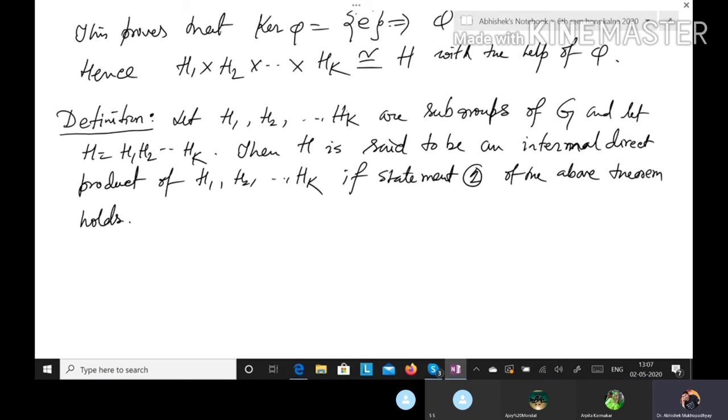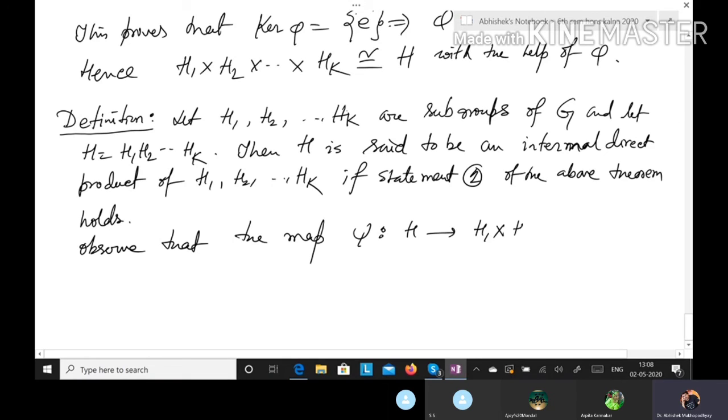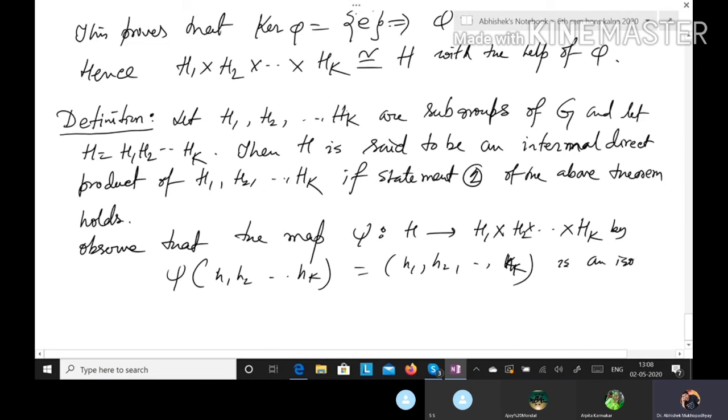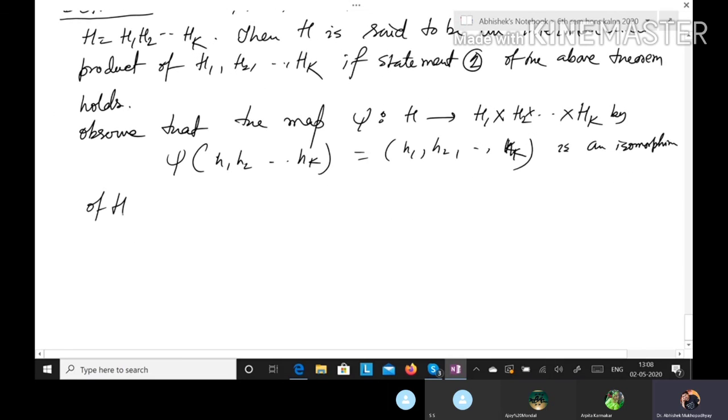That is, observe that the map psi from H to H1 cross H2 cross Hk defined by psi of h1 h2 ... hk goes to (h1, h2, ..., hk) is an isomorphism of H onto H1 cross ... cross Hk.